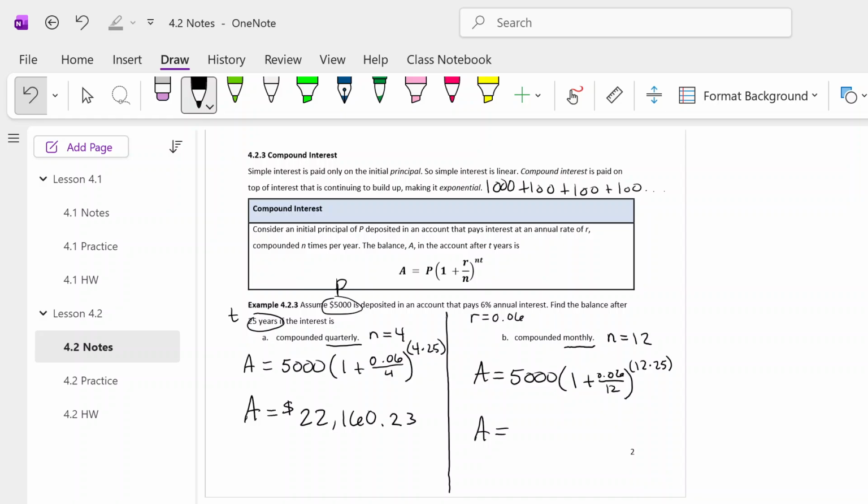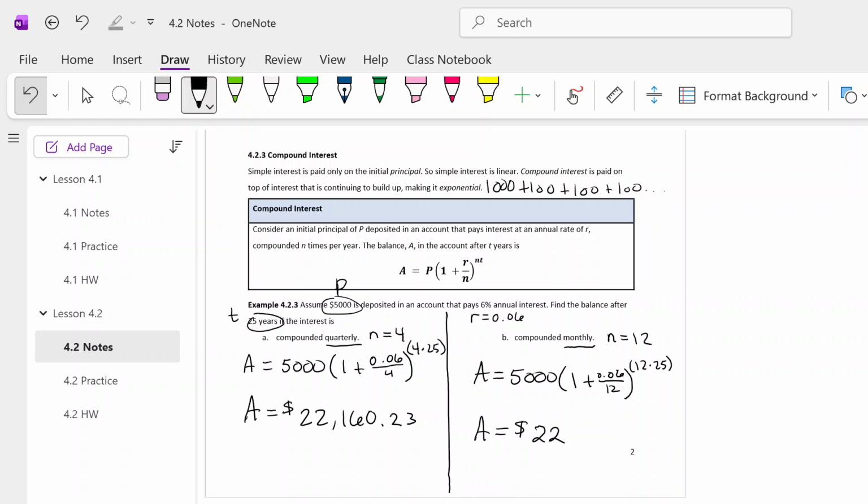I am working on a calculator here, so I just have to do a couple additional calculations. We're raising this to the 12 times 25, and then we are multiplying by 5,000. With a few more compounding times during the year, instead of 4, it's now 12, we earn a little bit more money.